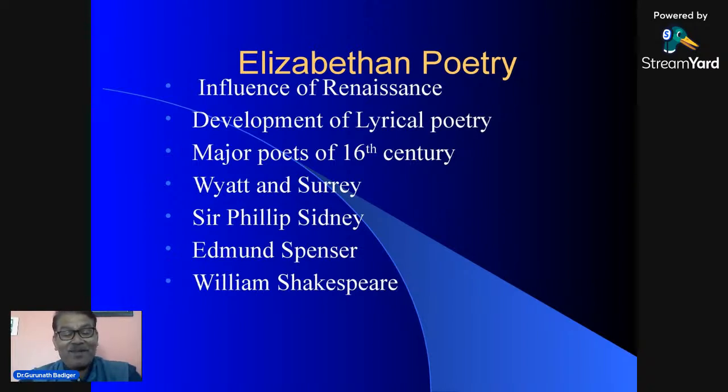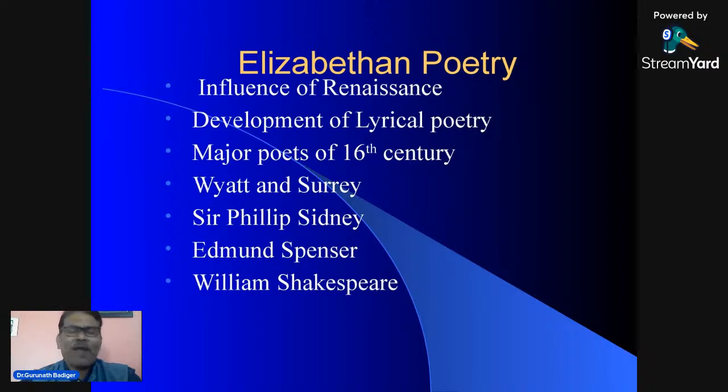That's why they used the title Songs and Sonnets for Tottel's Miscellany, which was published in 1557. So it's a combination of songs and sonnets. And it is said that more than 200 poets were recorded in the 16th century in such a short time, in such a small country like this.